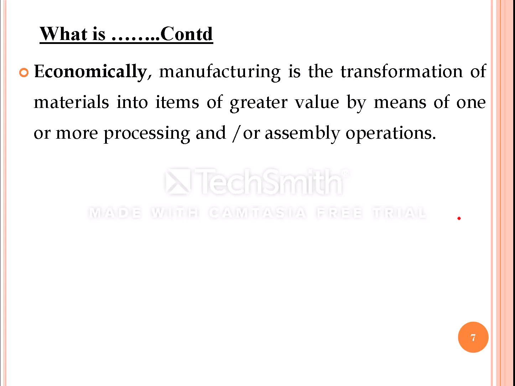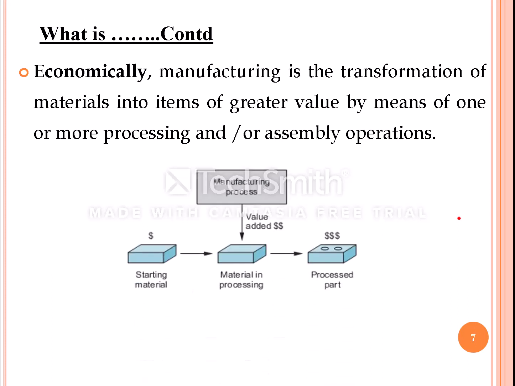Economically, manufacturing is the transformation of materials into items of greater value by means of one or more processing and assembly operations. So we can consider what is going on in the manufacturing process economically. We can add value. It is a transformation of materials into greater value, where we have the starting material and the processed part.